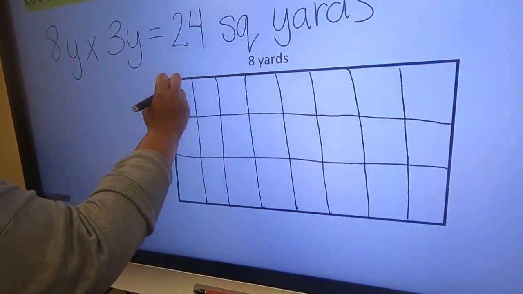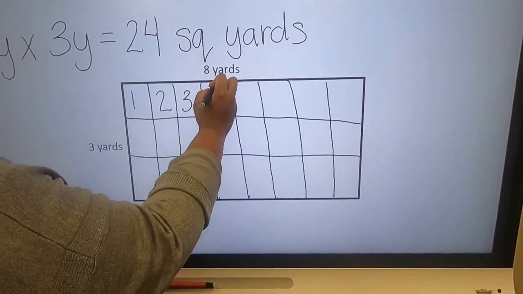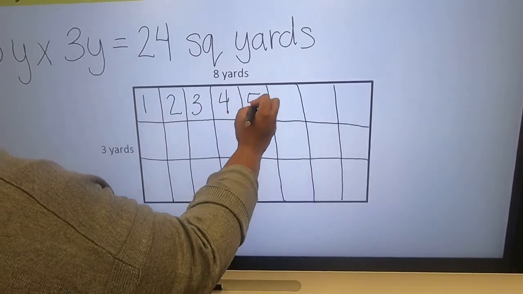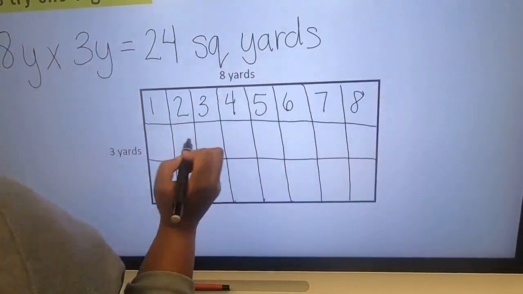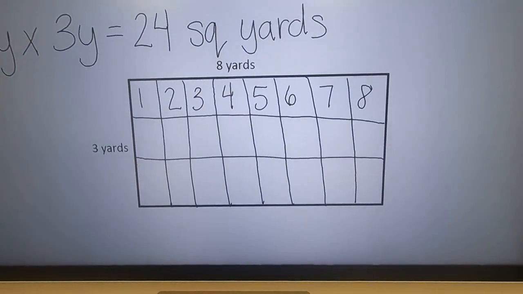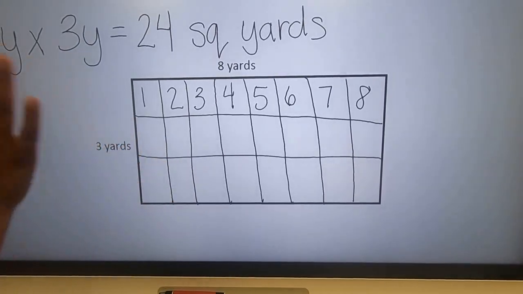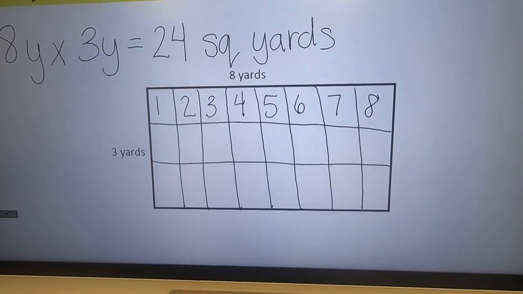Let's go. 1, 2, 3, 4, 5, 6, 7, 8. And if I stop right here, boys and girls, I can make sure that even if I didn't count my spaces, I know that if I stop, I should be stopping at 8 because I have 8 yards at the top, okay?